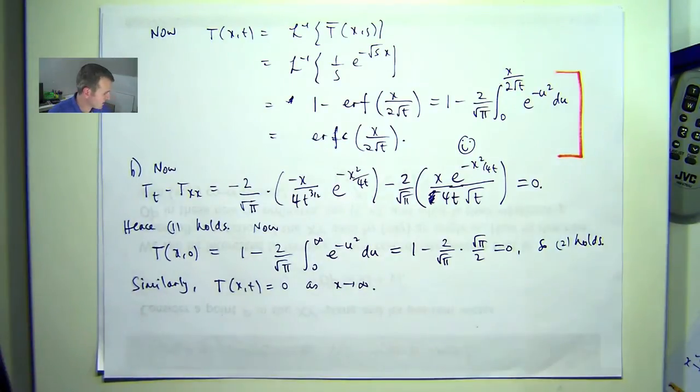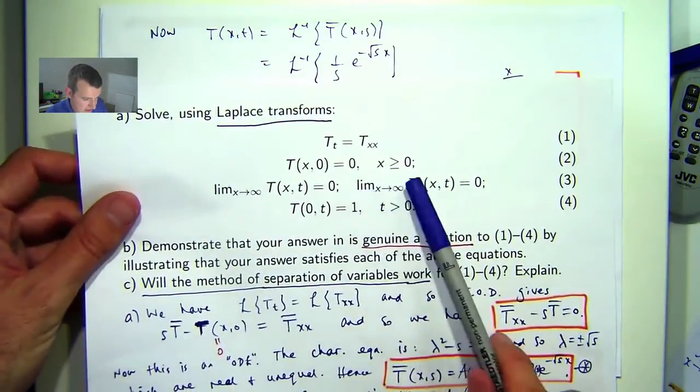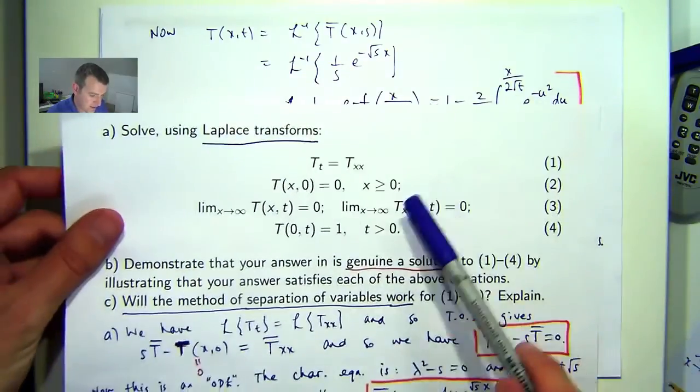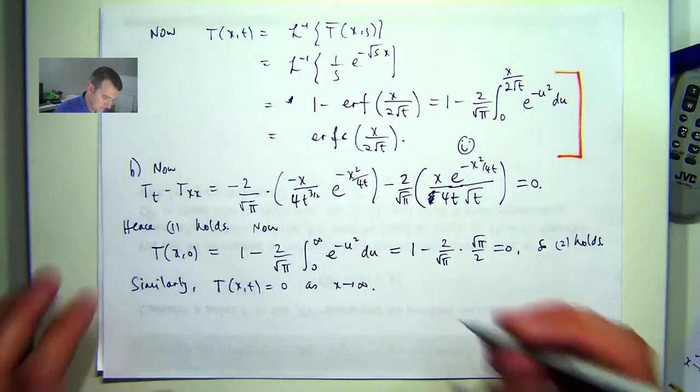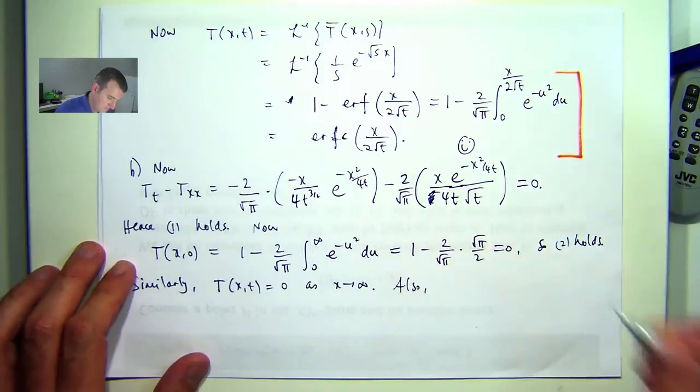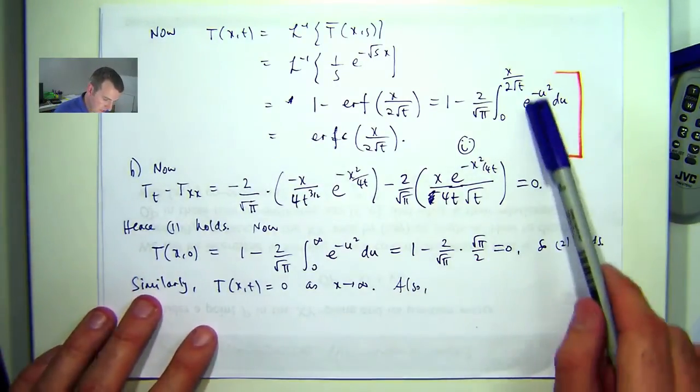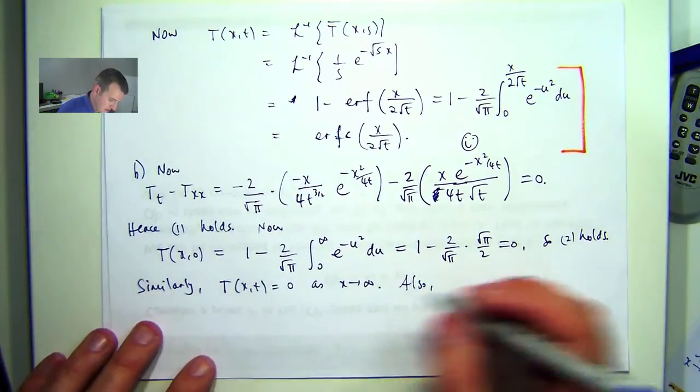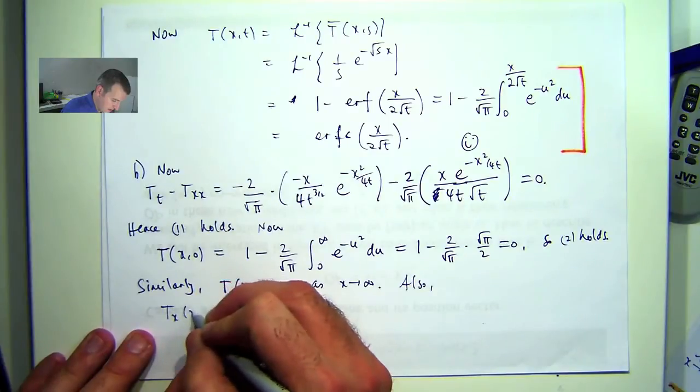Now let's check this limiting condition. We need to differentiate this with respect to x and then take the limit. If I differentiate this with respect to x, I should get the following.